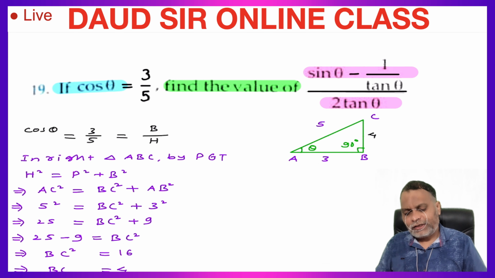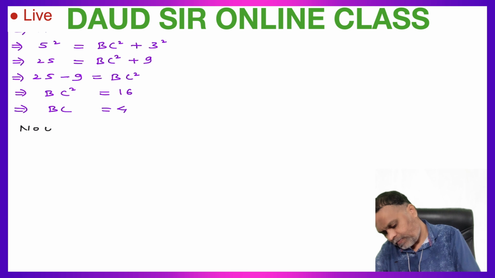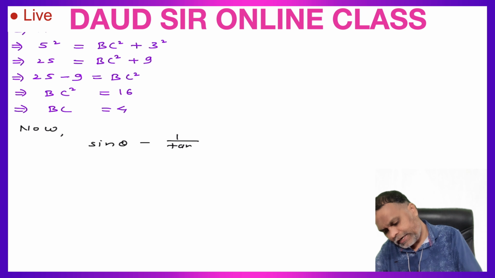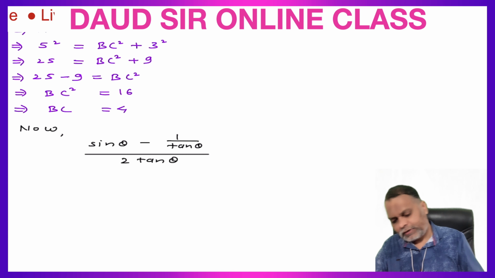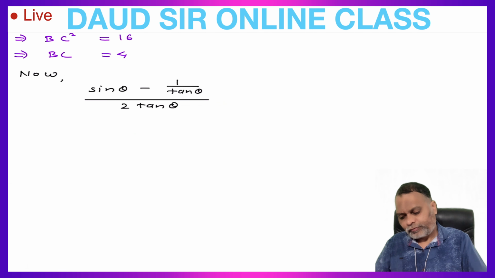Now we can write the value of sine theta minus 1 upon tan theta upon 2 tan theta. Its value we have to find out.